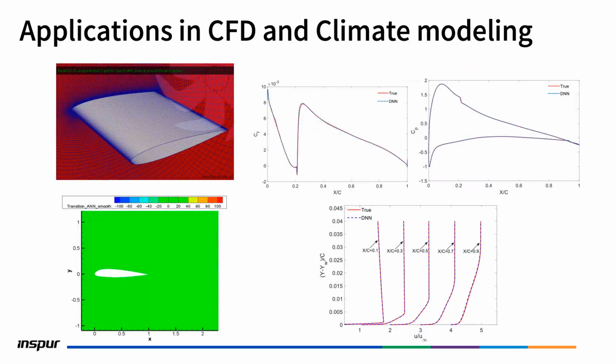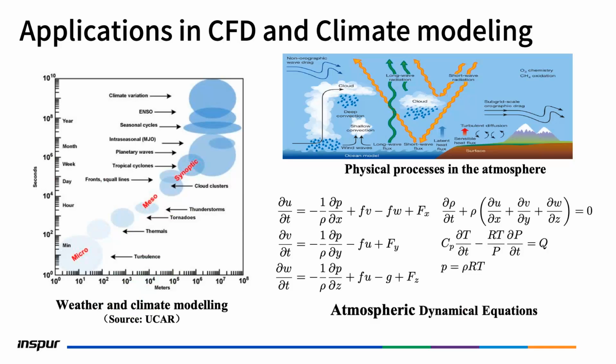This figure demonstrates the results of the trained model in the airfoil problem. We can see that with the trained model, the velocity and the skin friction coefficient are almost the same as the exact solutions.